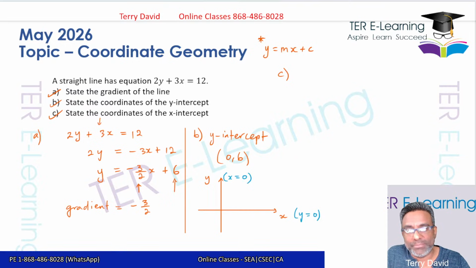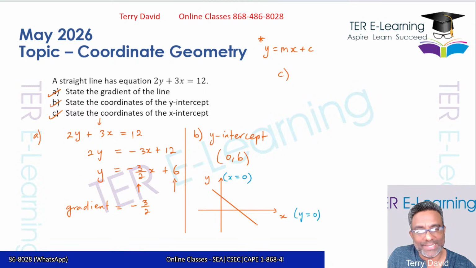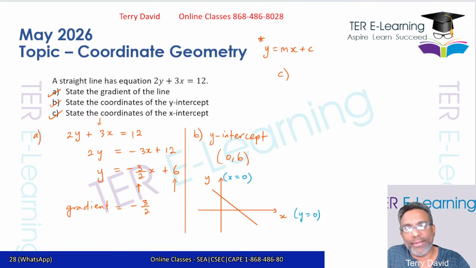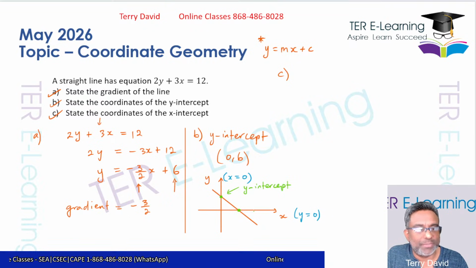So sometimes you may be asked to find the y-intercept and the x-intercept. So if I have a straight line here, this point here, we already know that's your y-intercept. And this point here has to be called your x-intercept.